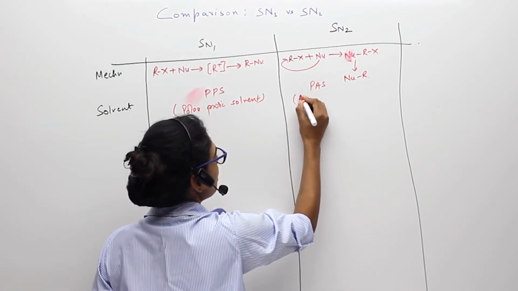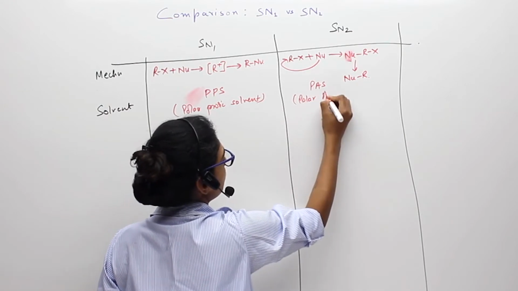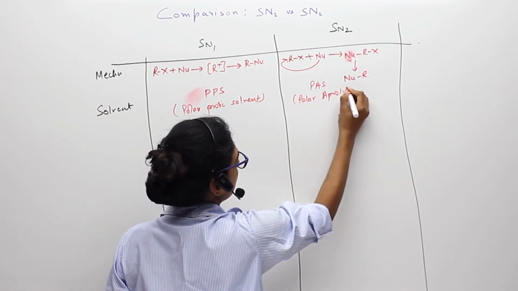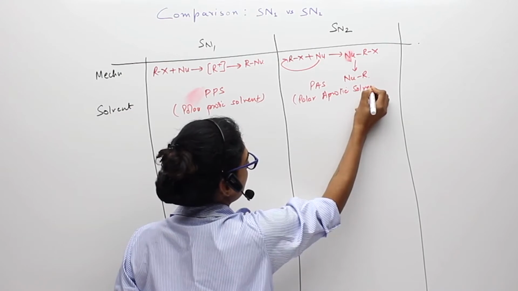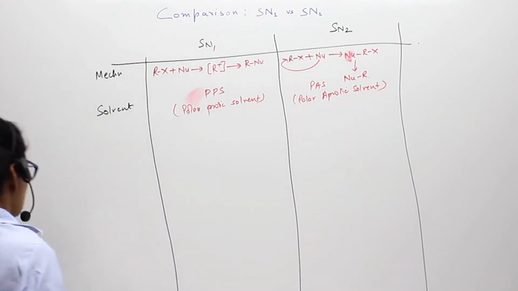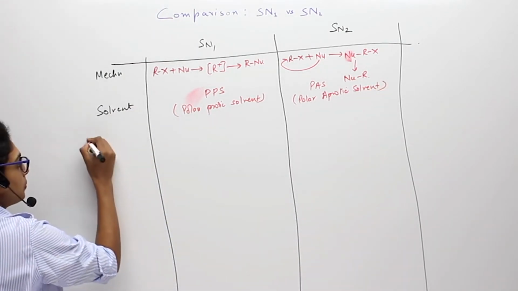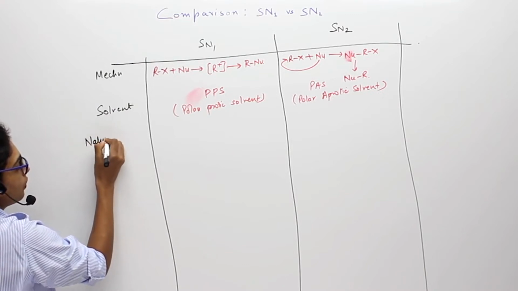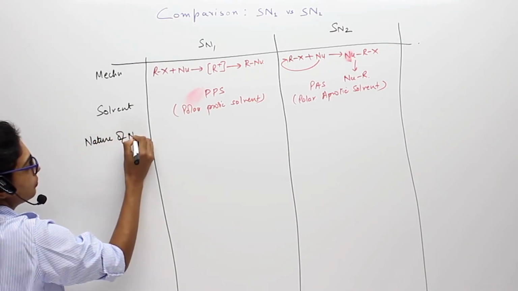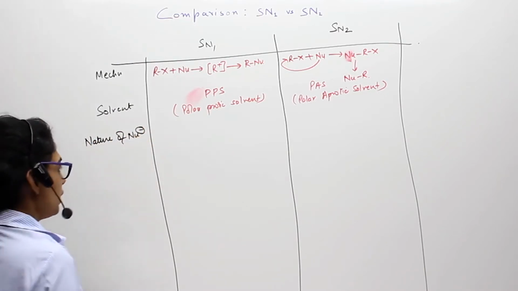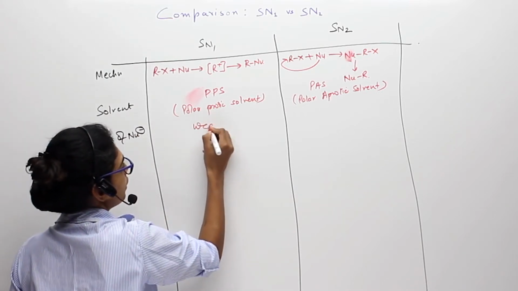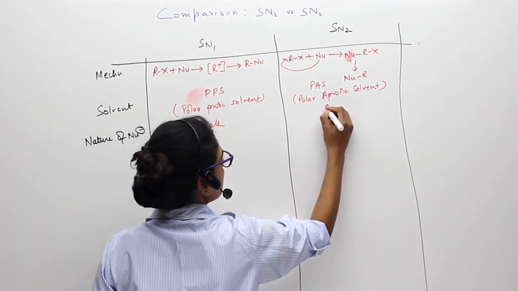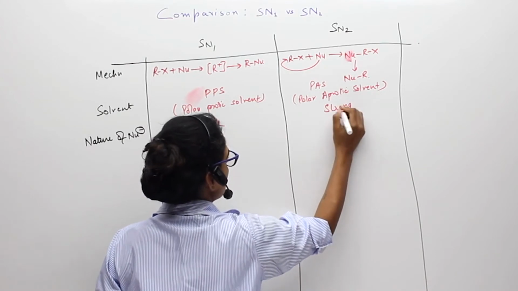What is PAS? Polar aprotic solvent. Now, nature of nucleophile. Weak nucleophile favors SN1 and strong nucleophile favors SN2.